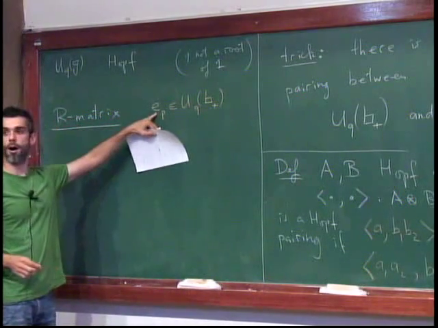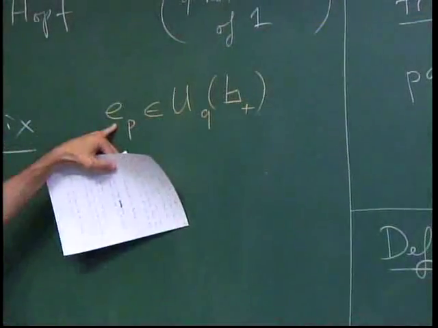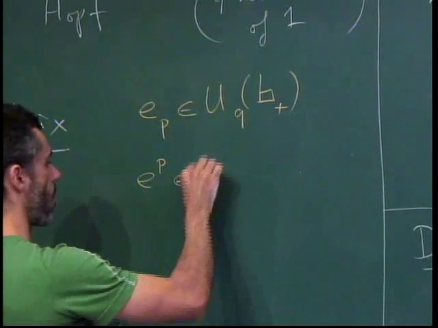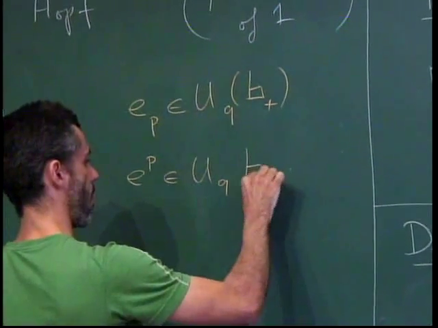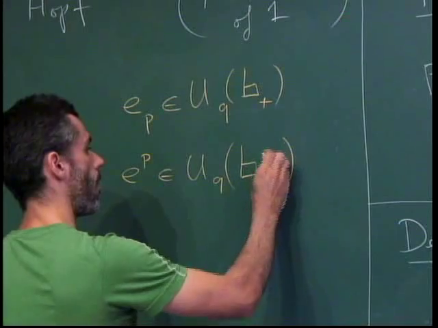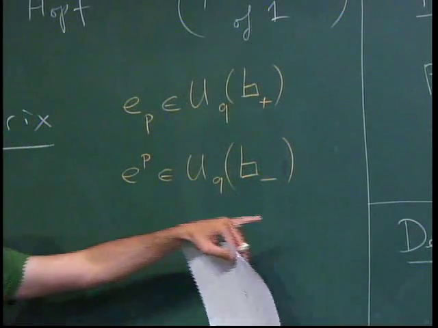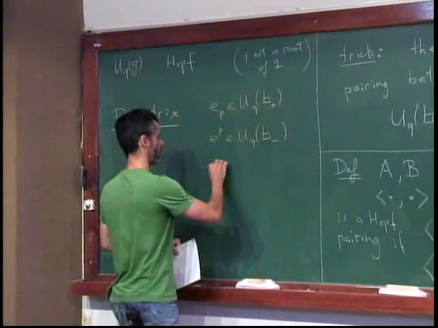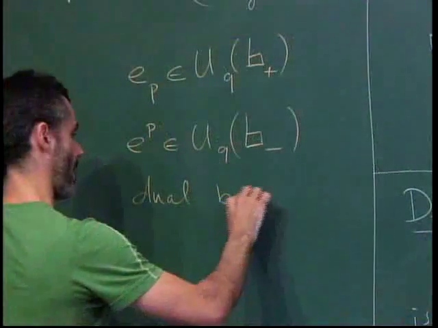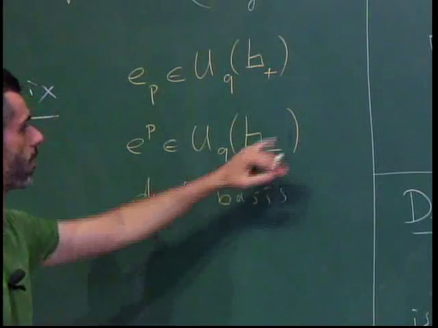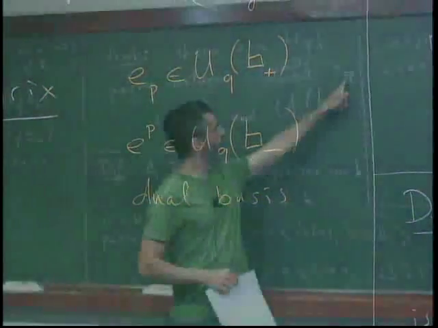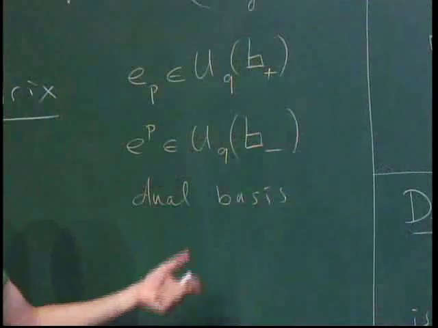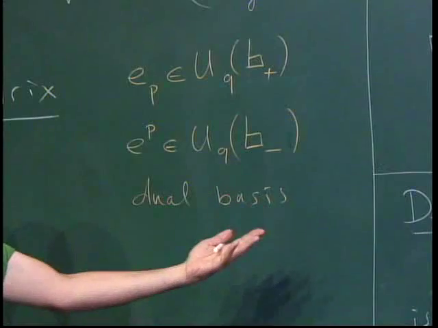Take a basis of this algebra, call it E lower p, and take the dual basis of that other algebra and call it E upper p. And I'm not writing the opposite coproduct there because the notion of dual basis just cares about the underlying vector spaces and the pairing.